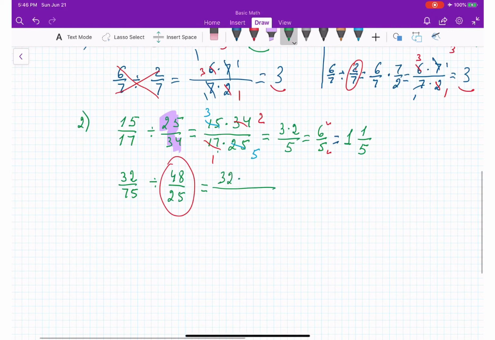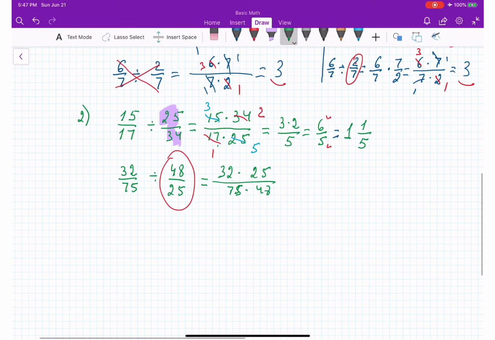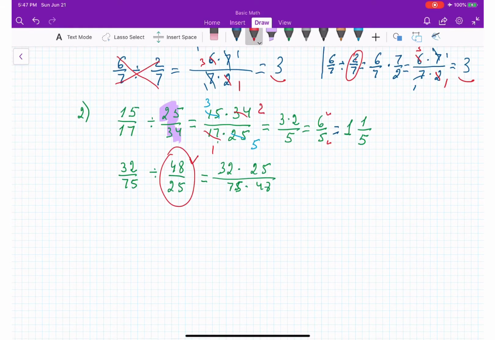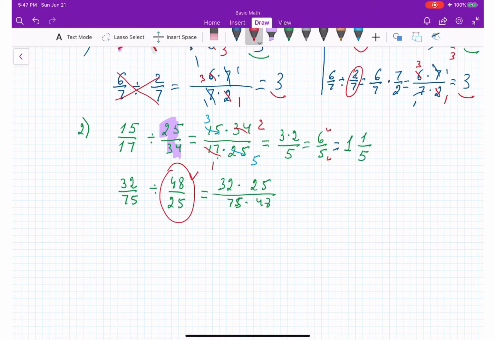32 times 25, 75 times 48. So what I did, you can use either cross multiplication or flip the second fraction as 25 over 48 and do multiplication. So the bottom line is we have here 75 and 25.